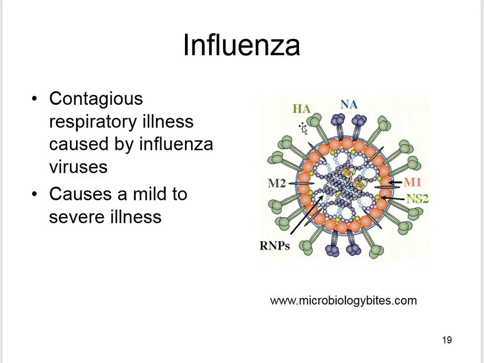H1, H2, and H3 are found in human infections. 13 others have been found in animal flu viruses. Now the NA gene right here encodes neuraminidase, which helps fresh virus to bud off from the plasma membrane of the cell. N1 and N2 are in human infections, 7 others in other animals.